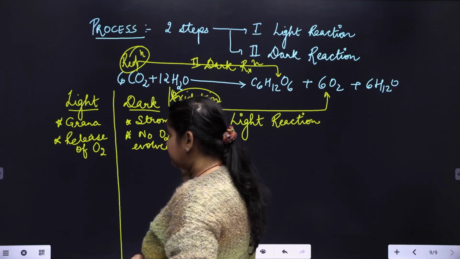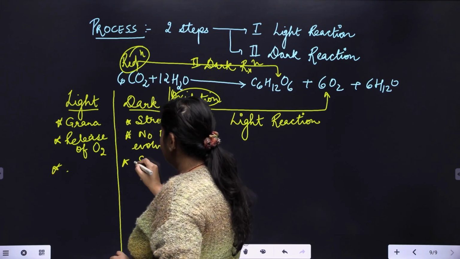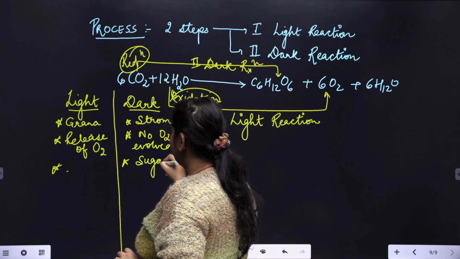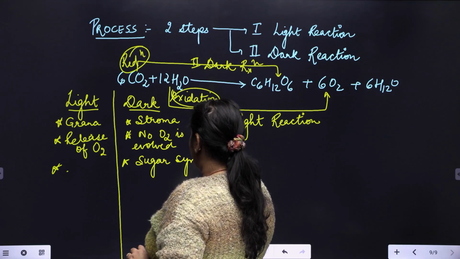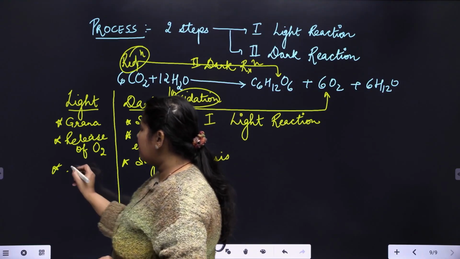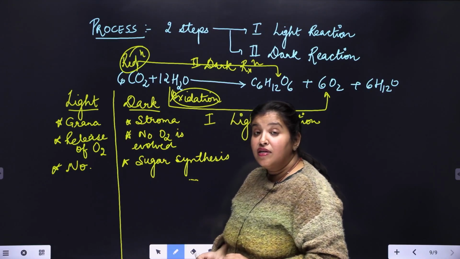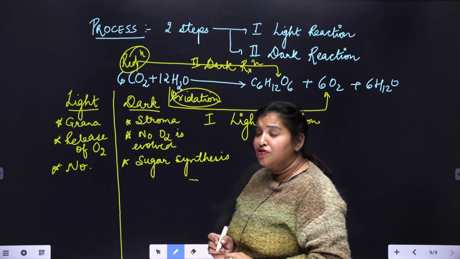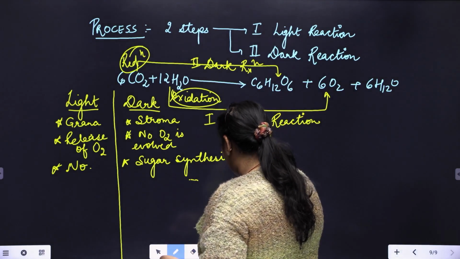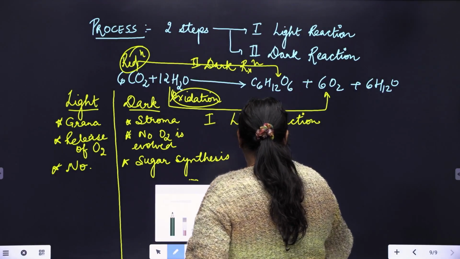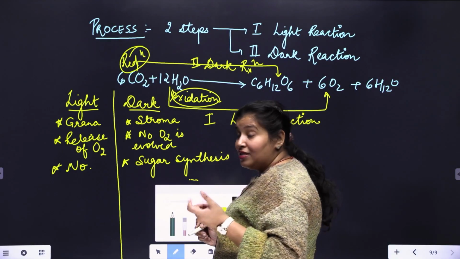But yes, what is happening here? Synthesis of food, sugar synthesis. But is this sugar synthesis taking place in the light reaction? No. No sugar synthesis takes place during light reaction. Why are we saying light reaction and dark reaction? Is there something to do with the light? There has to be. But then what is it?